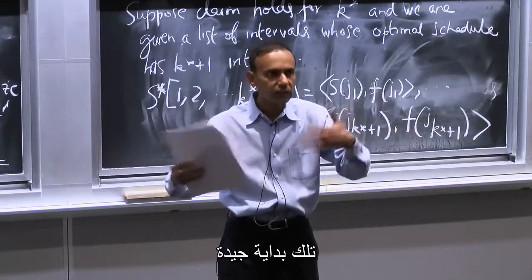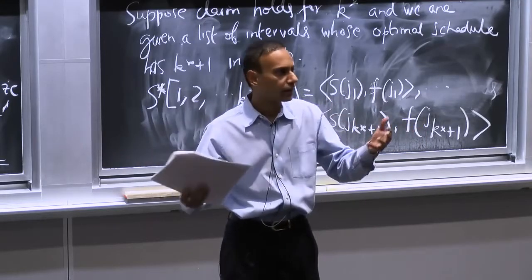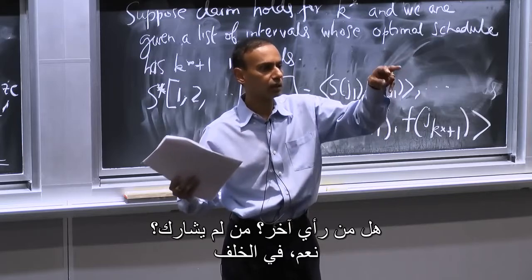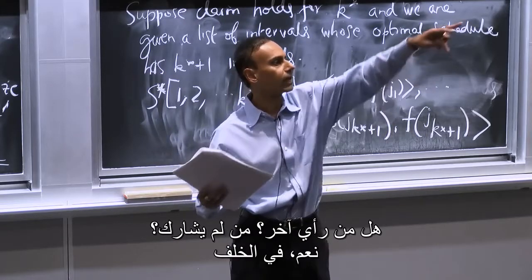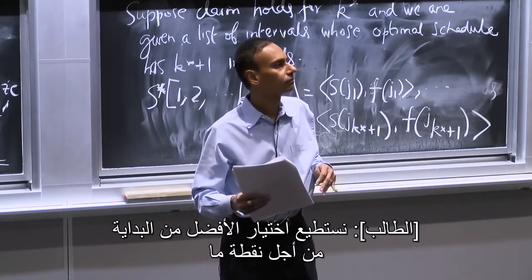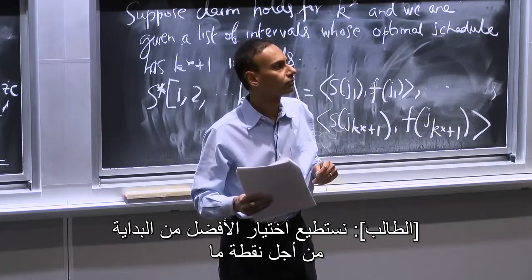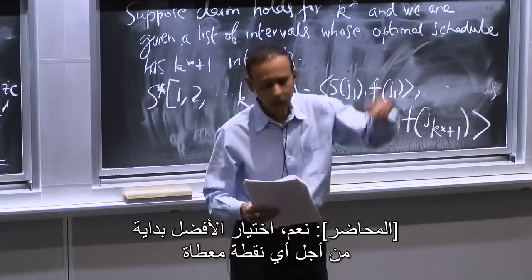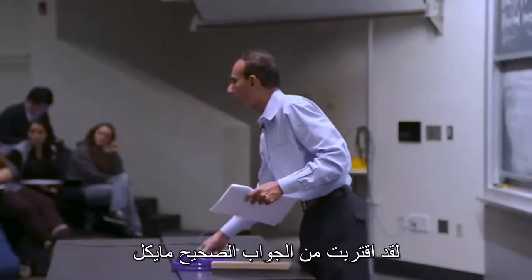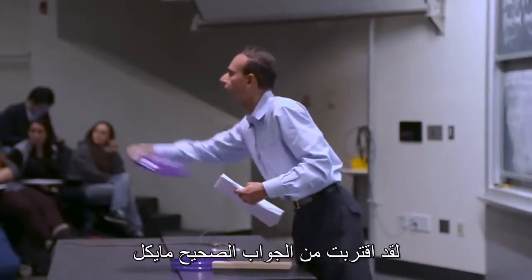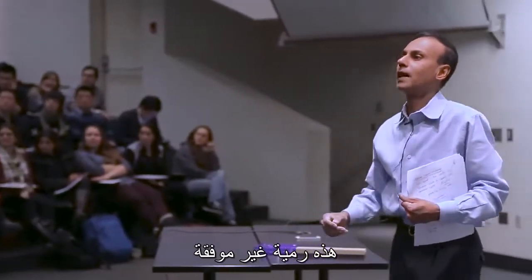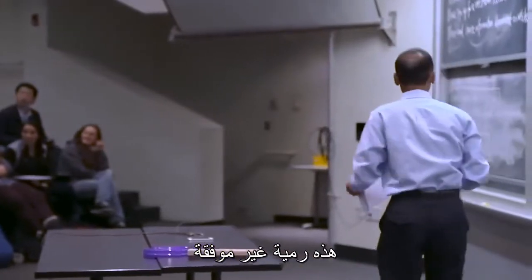But that's a reasonable start. Someone else? Someone who hasn't answered? Yeah, back there. You could go the best from the start to some given point, and so there'd be n of those. Best from the start to any given point. All right. Well, you got close, Michael. There you go. You need to stand up. Oh, bad throw. That's a bad throw.